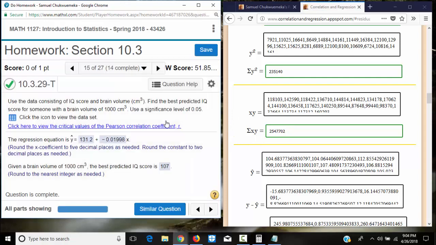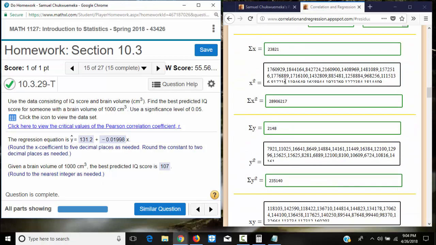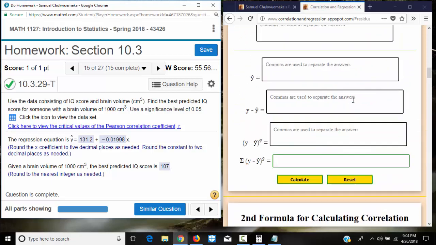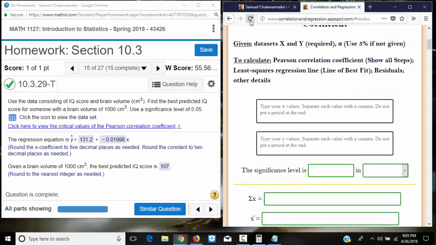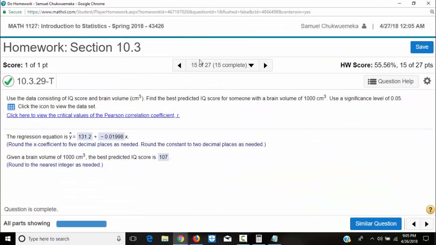So in this case, if you do it with StatCrunch and it's wrong, do it with Mr. C's calculator, Samuel Chukwuemeka's calculator, or Samuel Dominic Chukwuemeka's calculator. Okay, I'm going to refresh this. Let's go to the next question.